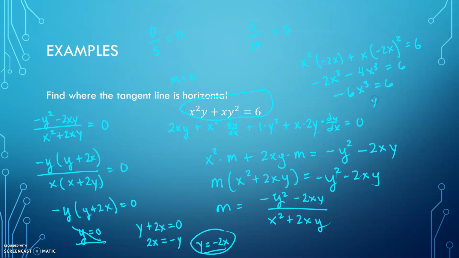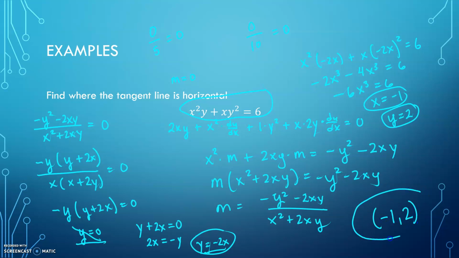So it looks like x is negative 1. It's going to be a solution. If x is negative 1, I should figure out what y is. So I'm going to go back and figure out what y is. Well, y is equal to negative 2x, so y will be 2. So at this ordered pair, negative 1 comma 2, that's where the tangent line has a slope of 0.